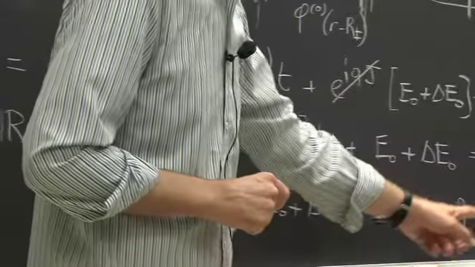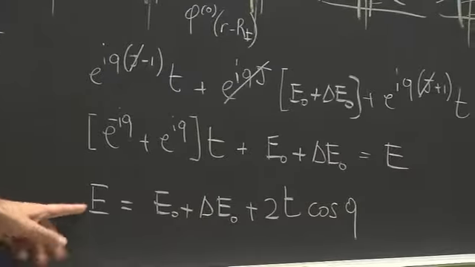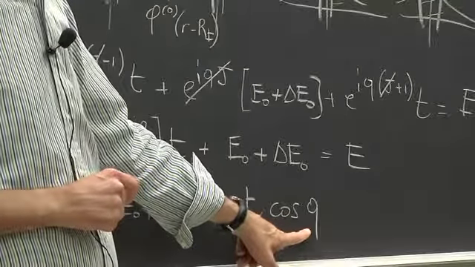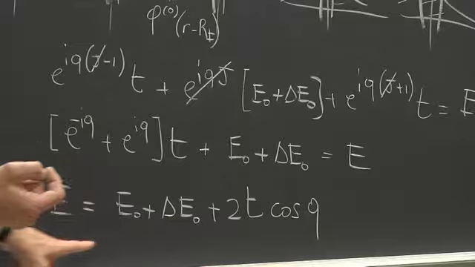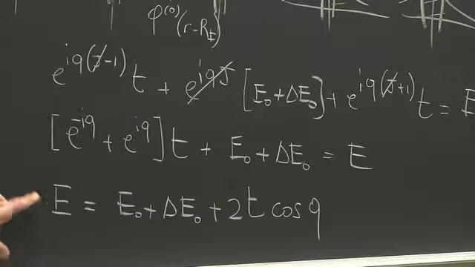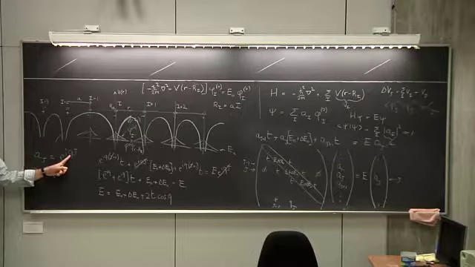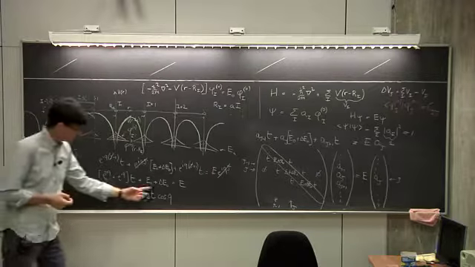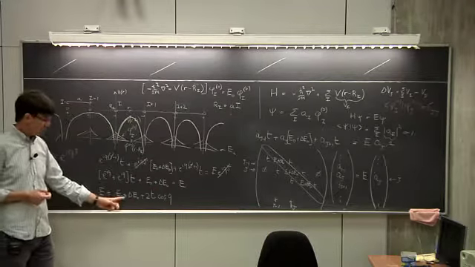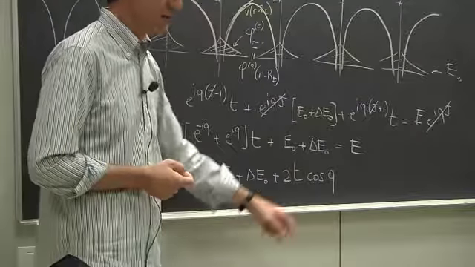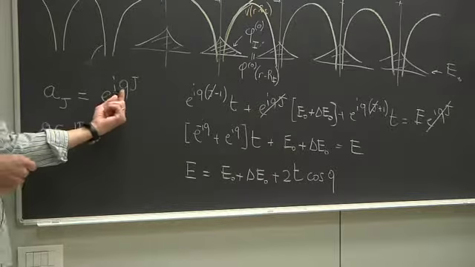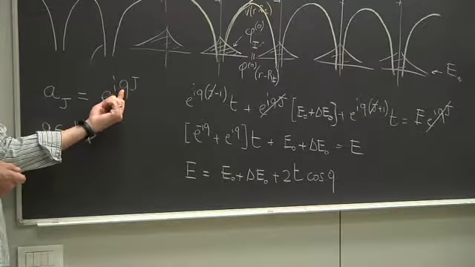We find that the solution exists for an arbitrary q as long as the energy that corresponds to that particular q, that is to that particular solution, is given by this expression, E naught plus delta E naught plus 2t cosine of q. In other words, I found infinitely many solutions to my problem.